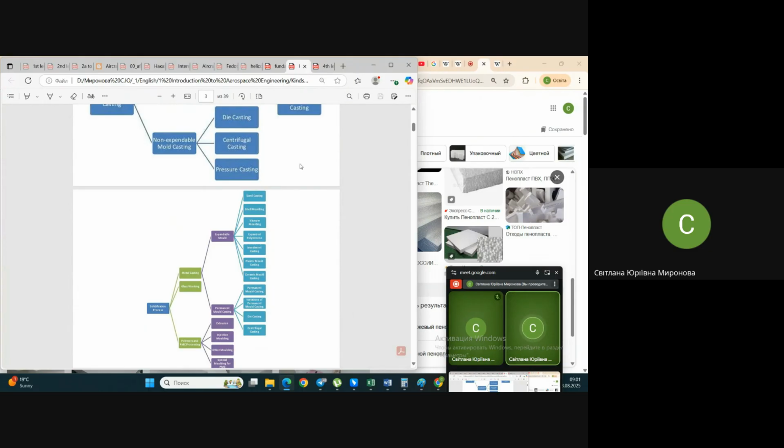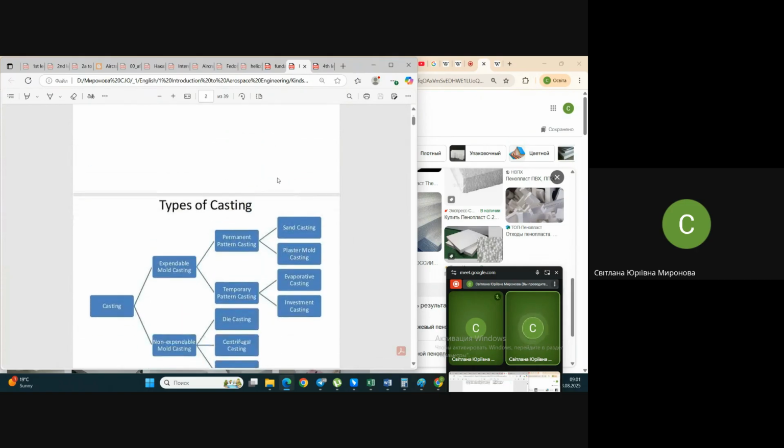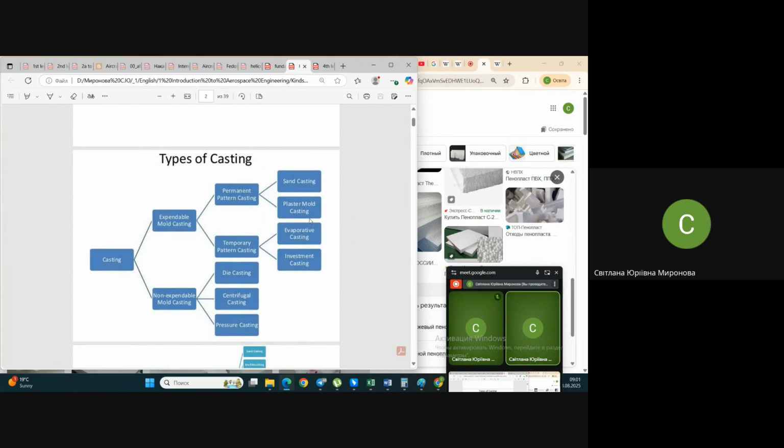They are all made by this way of casting, pressure casting. Pressure casting means that you have some metal shape, metal mold. It's a permanent mold, which will be used in a special machine. Quite clear, it's not hand casting already like it was in sand casting or investment casting. It's not like a craft process already.